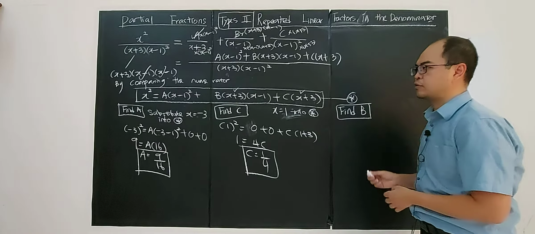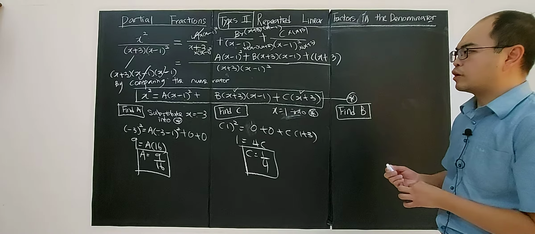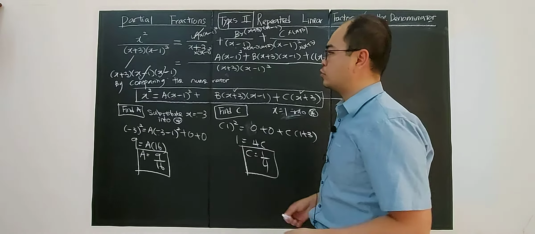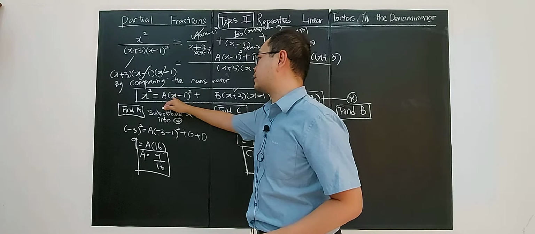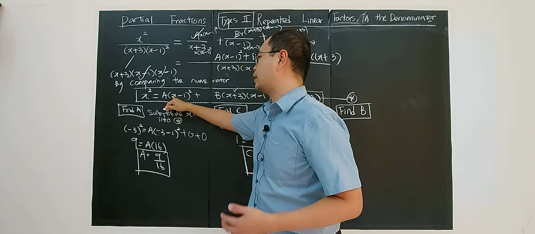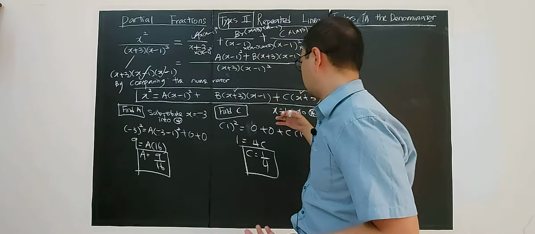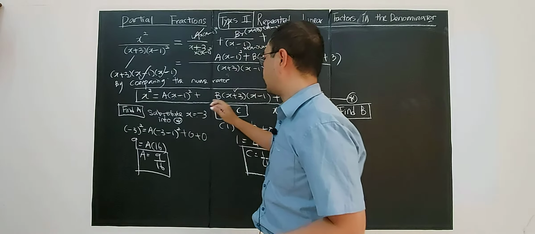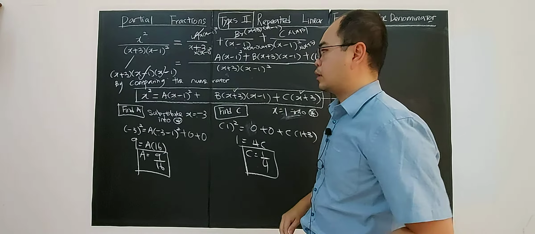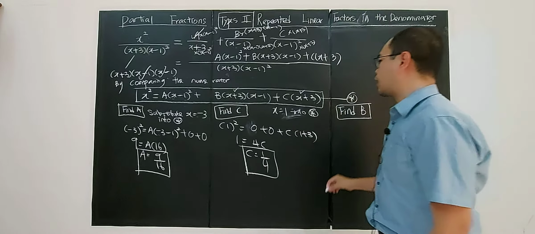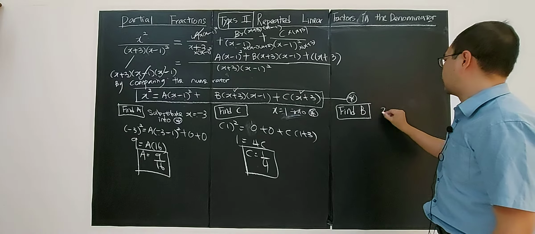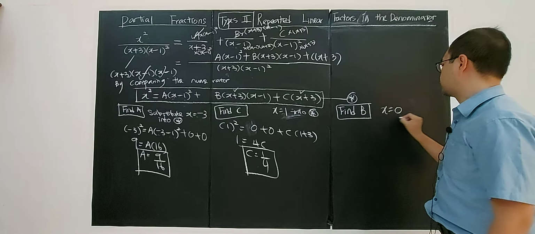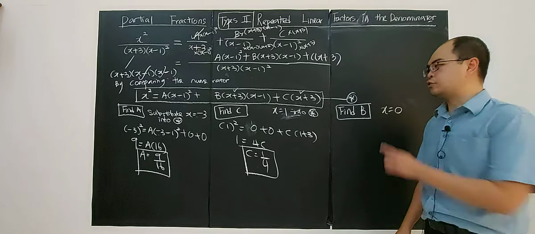For this case, it will be different. You find b, you cannot substitute. If you put 1, you are finding the c, not b. You put negative 3, you find the a but not the b. If you have no choice, you can choose any value of x. I was choosing 0. Then a student will ask, sir, can I choose 1 or not?